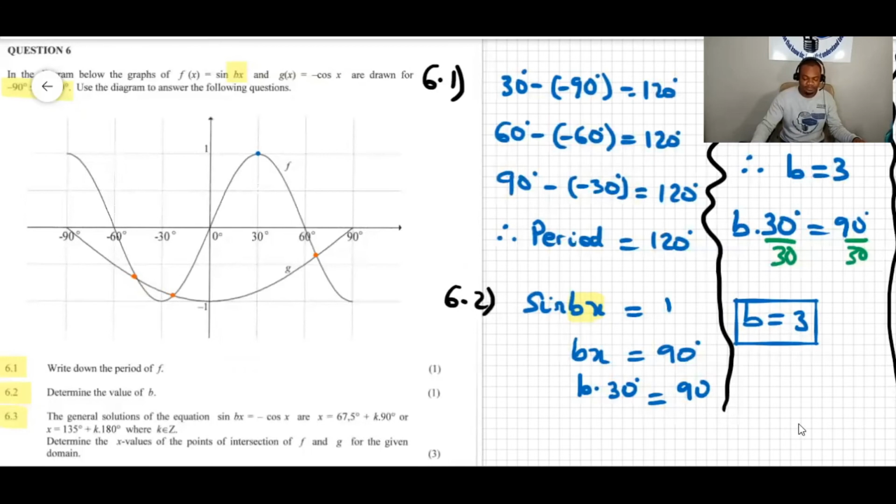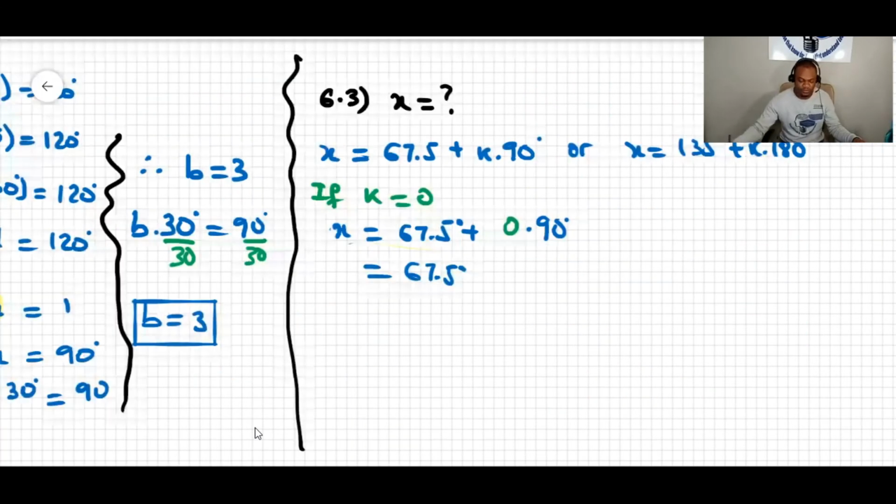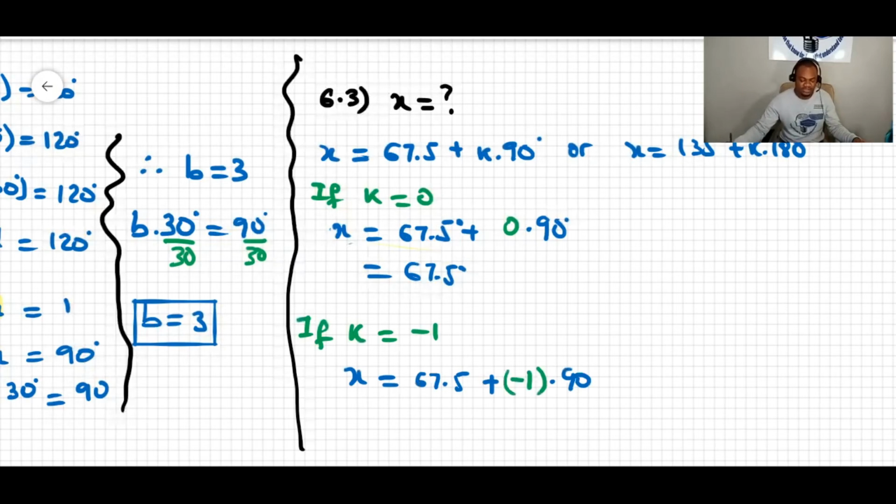I can sub in another value for k. If k has the value of -1, then x is equal to 67.5 plus -1 times 90. If you press this in the calculator, we get -22.5. So this is the other intersection point.